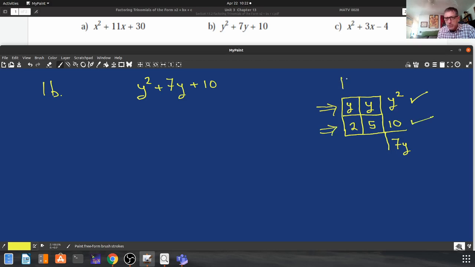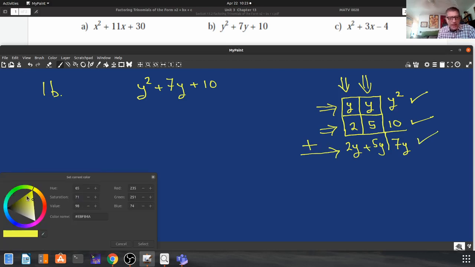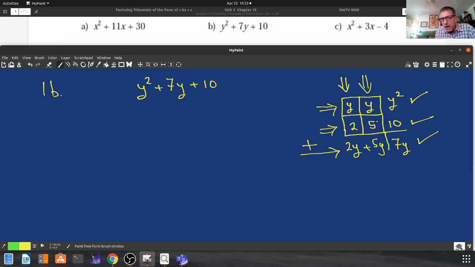So now let's do the multiplication down. 2 times y is 2y. 5 times y is 5y. And remember, this last row is addition. 2y plus 5y is 7y. So I've got my ingredients from my box. So let's find the factorization. So you just go kitty corner and kitty corner.